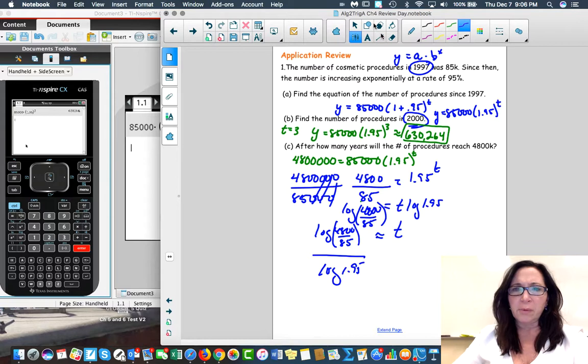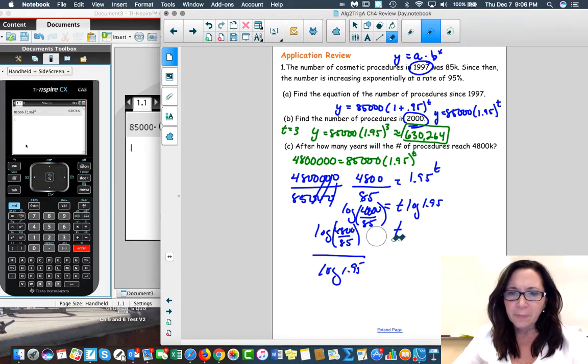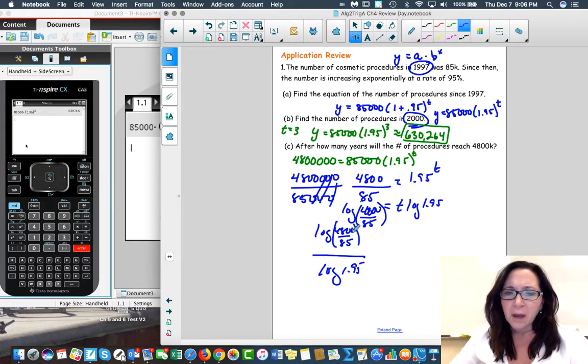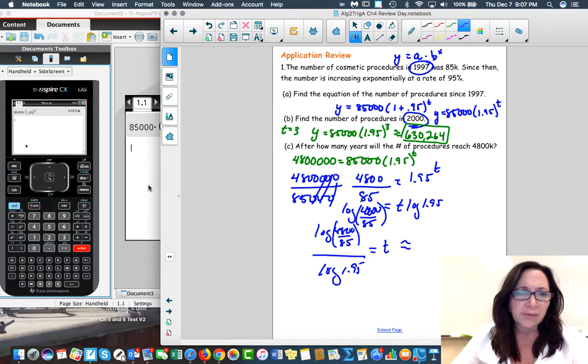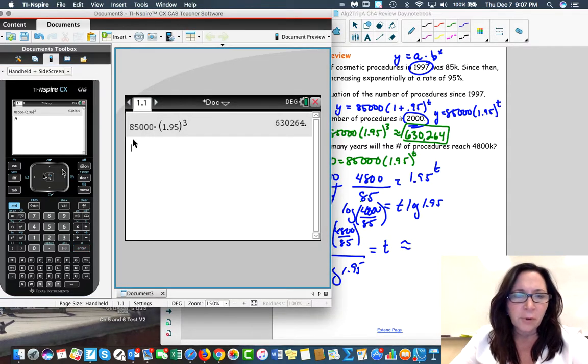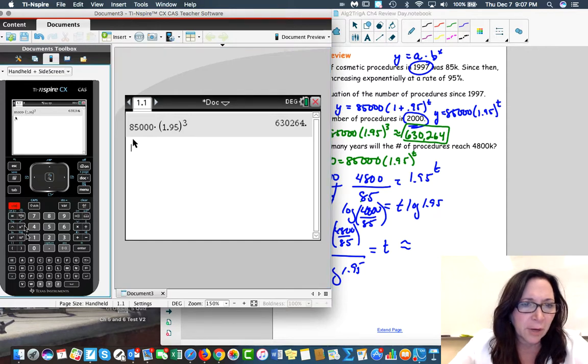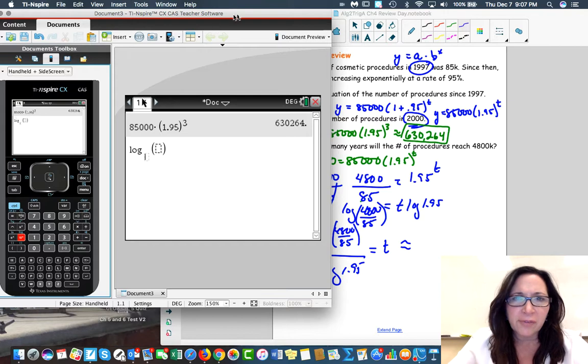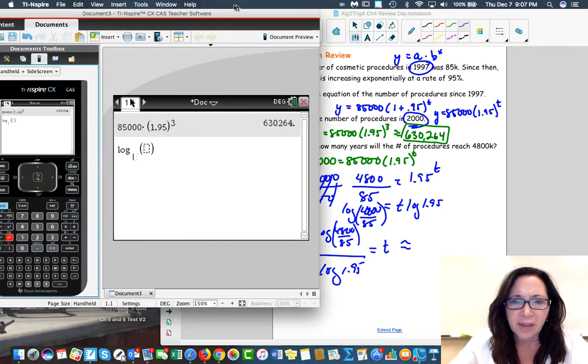And so let's see what we get with this problem. This equals t, so let's see approximately. So if we use this, we're going to go control to get the logarithm. I'm going to arrow over because I do know I'm in base 10.